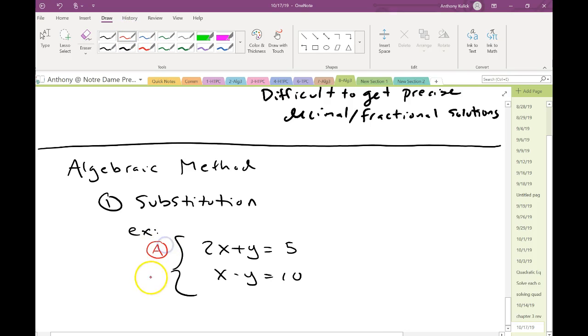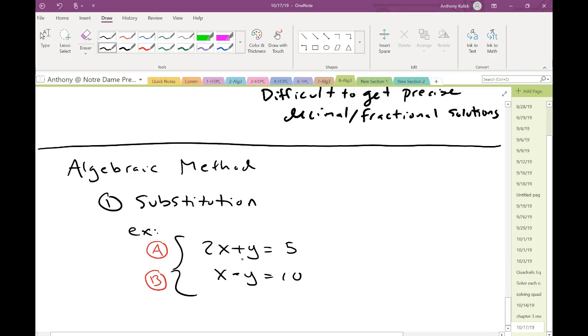The first thing I'm going to do, just so that we're able to better communicate with one another, is label these two equations as equation A and equation B. I'm just doing that so we have a basis to talk about. Like if you're wanting to talk about x, which x are you talking about? Well, the one in equation A or the one in equation B. So it gives us a way to describe what we're talking about.